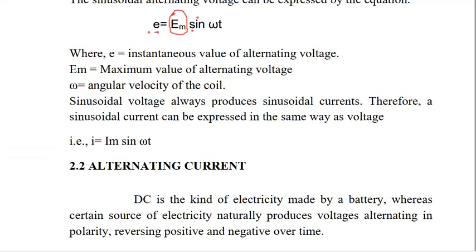So by multiplying this, I may get the maximum magnitude. For example, if Em is 5, then at sine 90 I may get 5 volt instantaneous value.